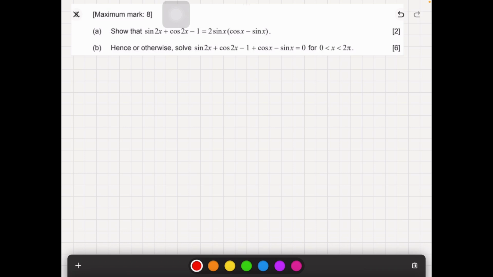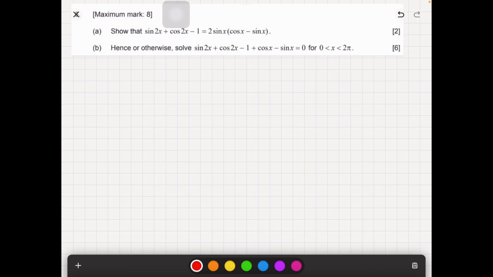This time we're tackling question 5, and it's actually a two-parter, which we will discuss in this one video. It's not going to be broken up into two parts. Anyways, part A asks us to show that sine of 2x plus cos of 2x minus 1 is equal to 2 sine of x times cos of x minus sine of x.